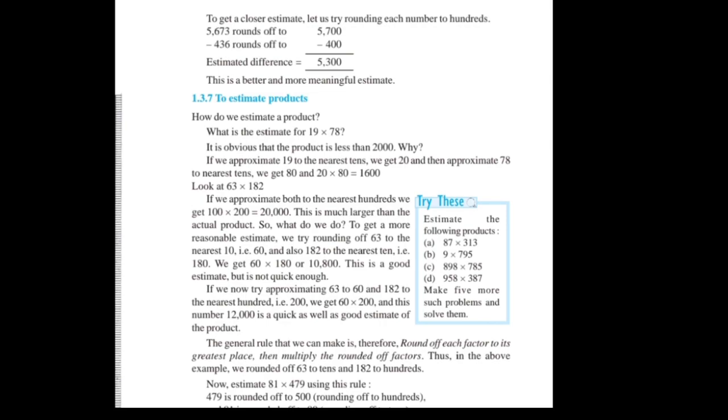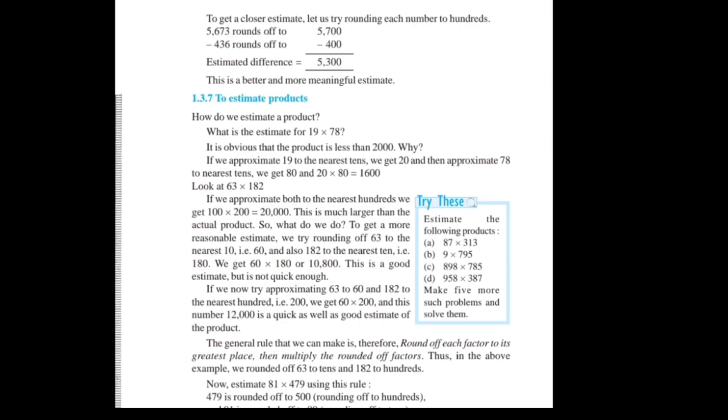So to get a more reasonable estimate, we try rounding off 63 to 60 and 182 to 180. So 180 multiplied by 60 is 10,800. So this is a good estimate, but it is not quick enough.